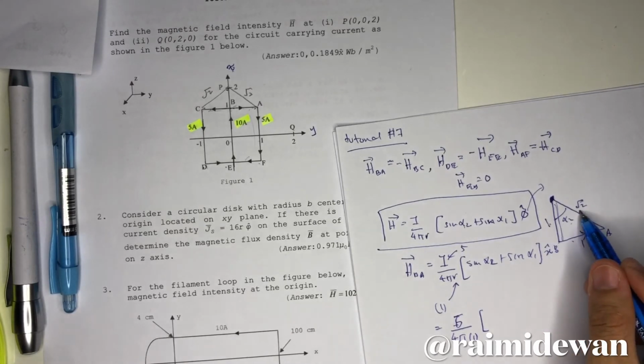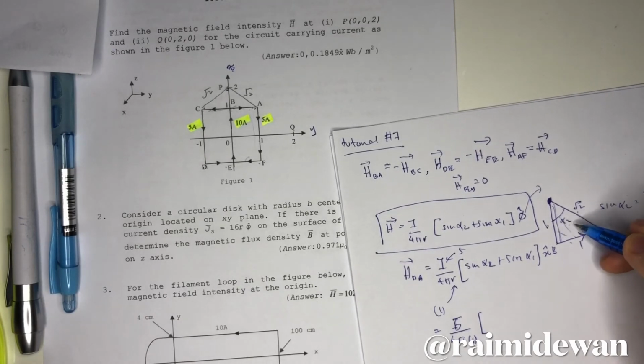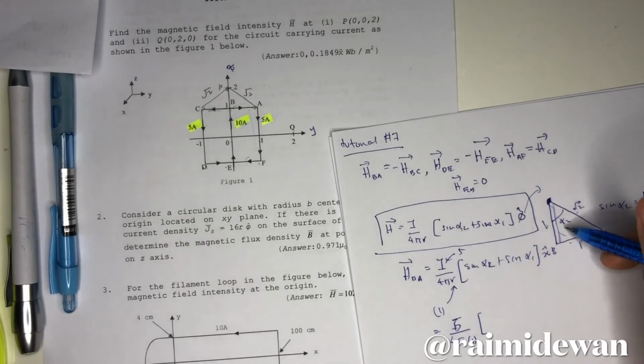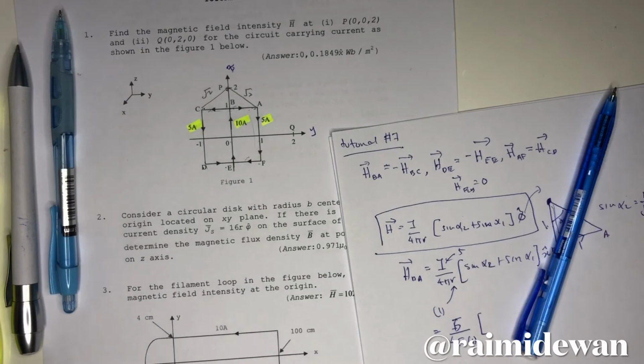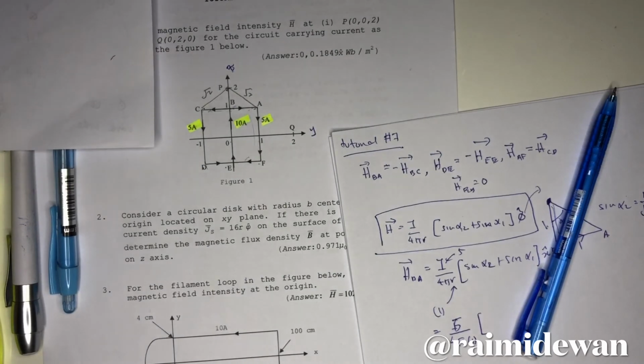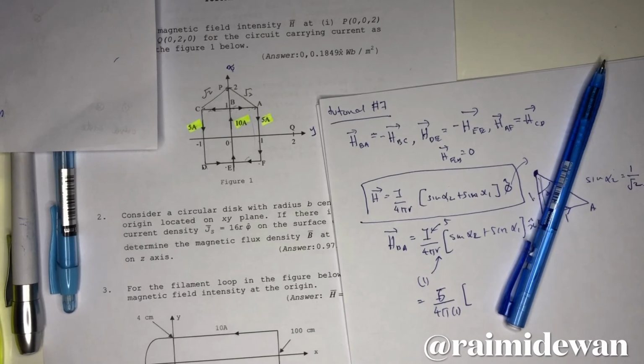Sine alpha 2 is equal to this one over this one, am I correct? I know it's simple, but I want to show it through the calculator instead of just directly using the answer. Where is the calculator?